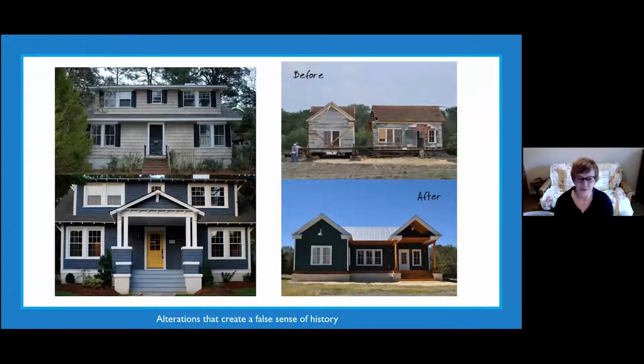So without documentation that those were original features, that's creating a false sense of history, making a house possibly look more ornate or give it a sense of style that it never had originally. And then on the right, you see an example of two separate buildings that were combined together. So also not appropriate. That would also be considered to be creating a false sense of history.